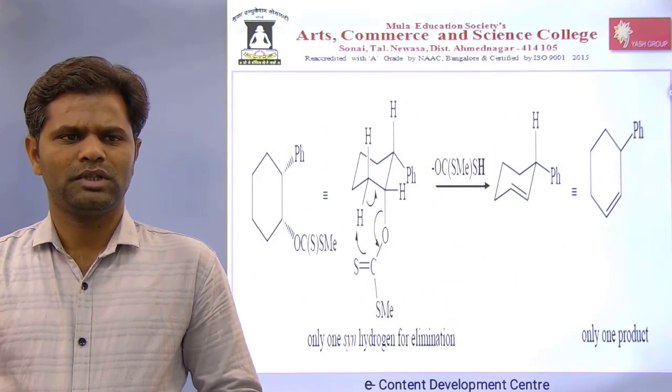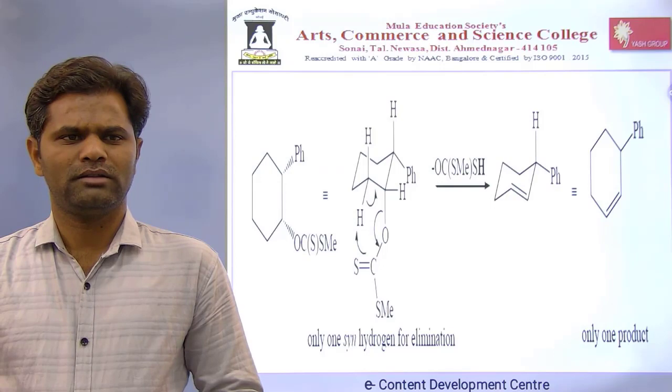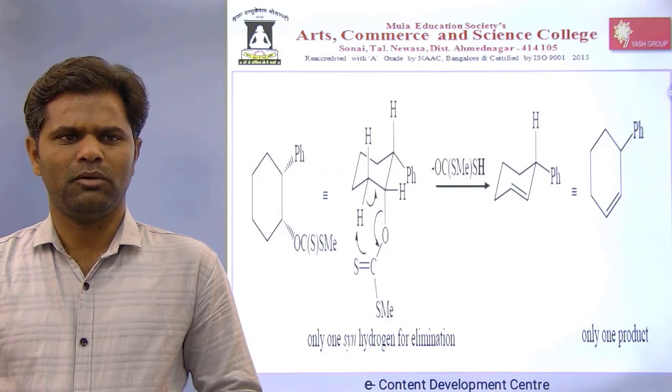Now in case of the cis isomer, if you draw a chair conformation, the cis phenyl xanthate has only one cis hydrogen with respect to that axial leaving group. That's why in this case only one product is possible, that is 3-phenyl cyclohexene. But in case of trans, two products are possible.